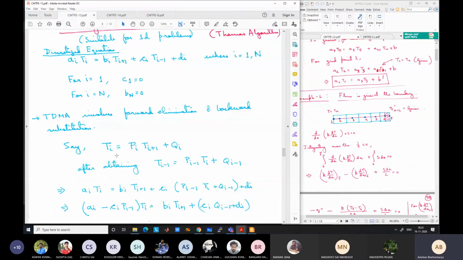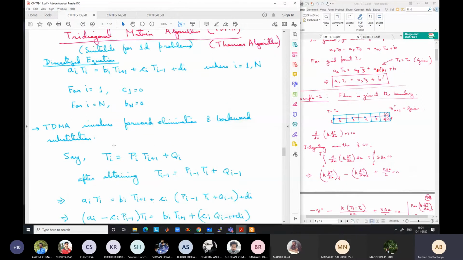Say I can write Ti in this form: some coefficient Pi times Ti+1 plus some value Qi. We do not know what Pi and Qi are, but say it is possible to write it in this form. What is unique about this form? If we write in this form, we don't have the i-1 term.